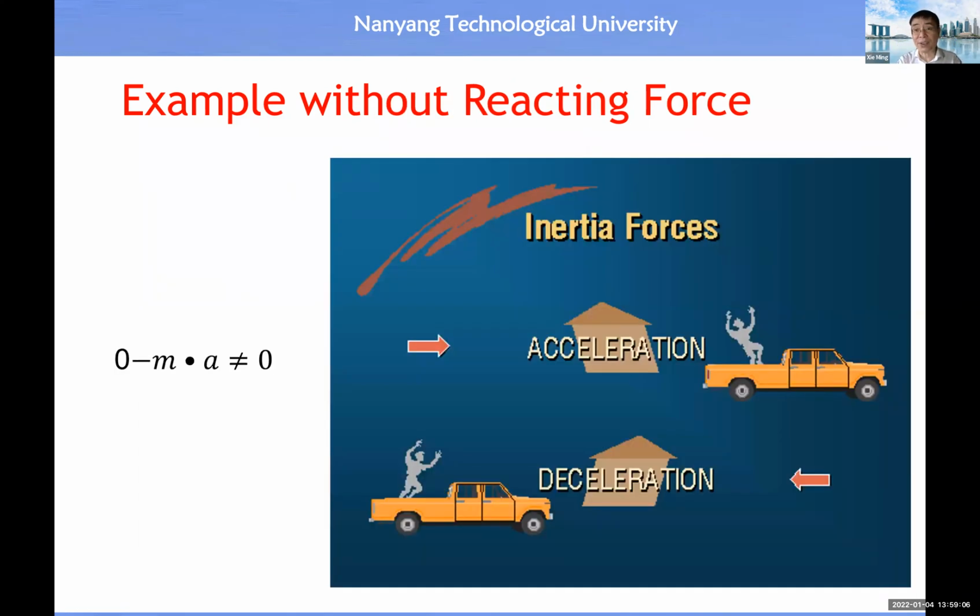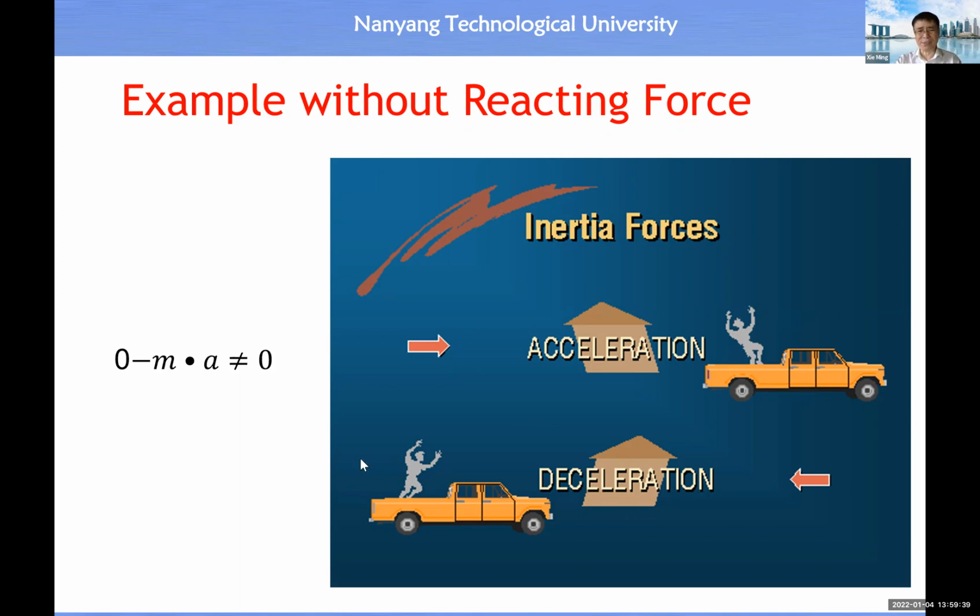However, in this situation, you will see the person cannot receive the reacting force. That means the car cannot produce a reacting force acting on the person. Then in this case, the person will fall. So when there's an acceleration, since there's no reacting force acting on the person, this person will fall off the vehicle. Or when there's a deceleration, same.